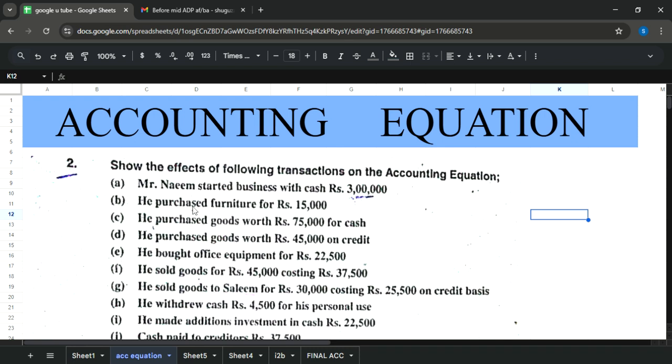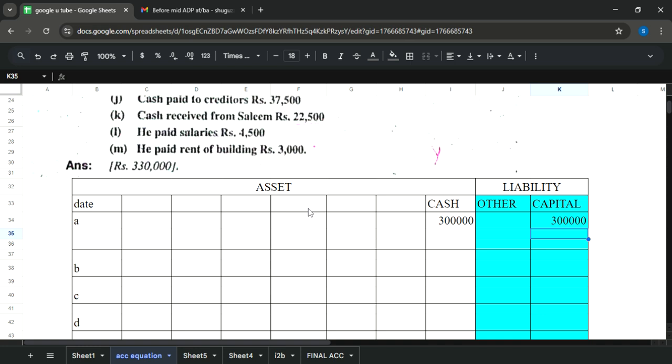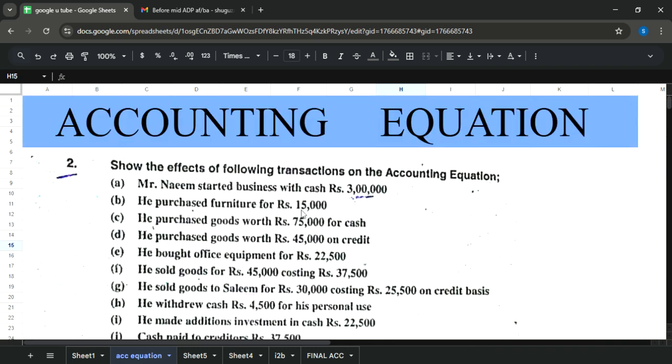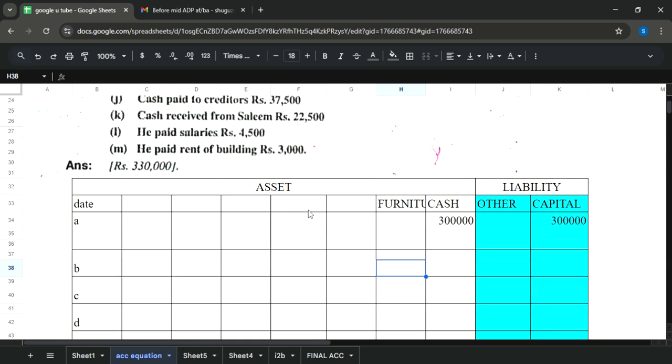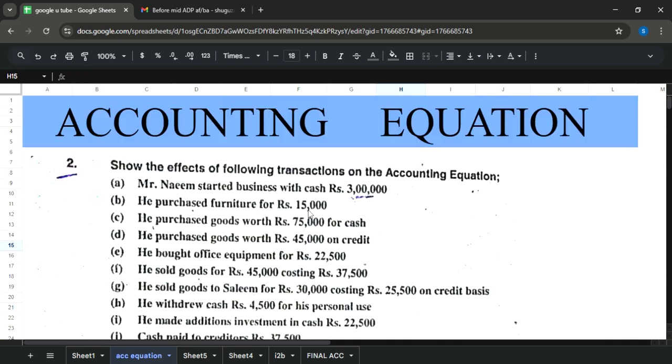He purchased furniture for rupees 15,000. It means furniture is coming in, furniture is a business asset. So you will introduce a new column for your furniture, and here in B entry you will see how much amount of furniture it is: 15,000. Introduce 15,000 over here. The second step is to see the dual effect. He purchased furniture.